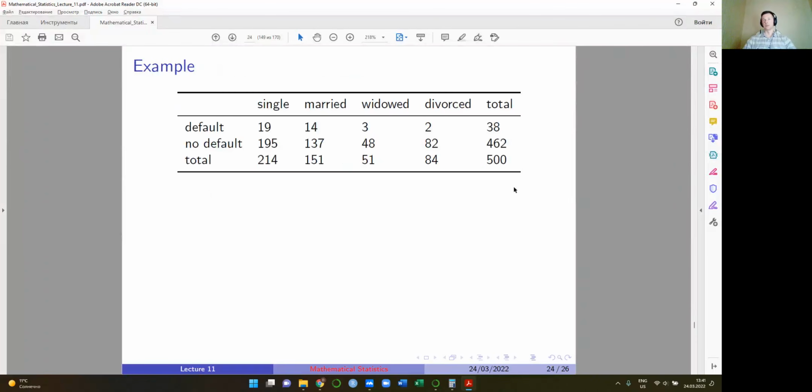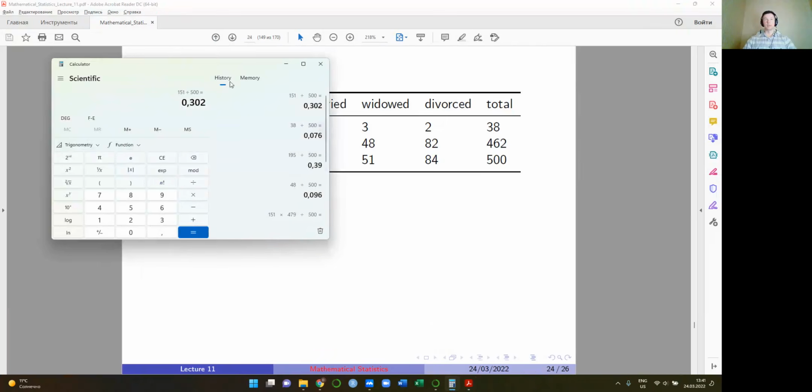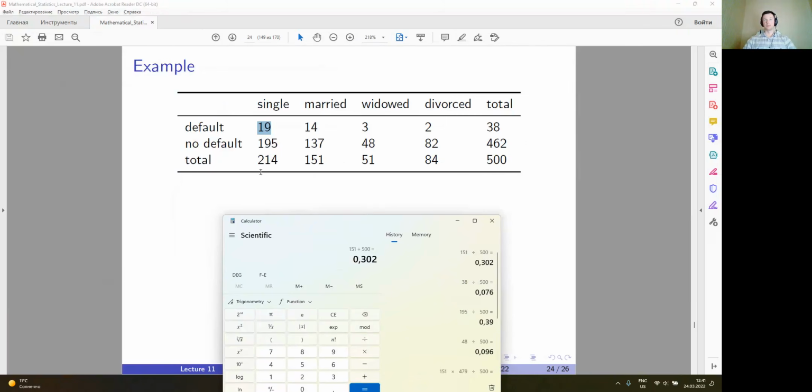Let me show you an example just to understand what's going on. So this is our table, and now how can we calculate the expected number of people who are single and defaulted under the hypothesis of independence? So we take 214, the total of this column, multiply by 38, the total number in this row, and divide by the total number of observations, 500.